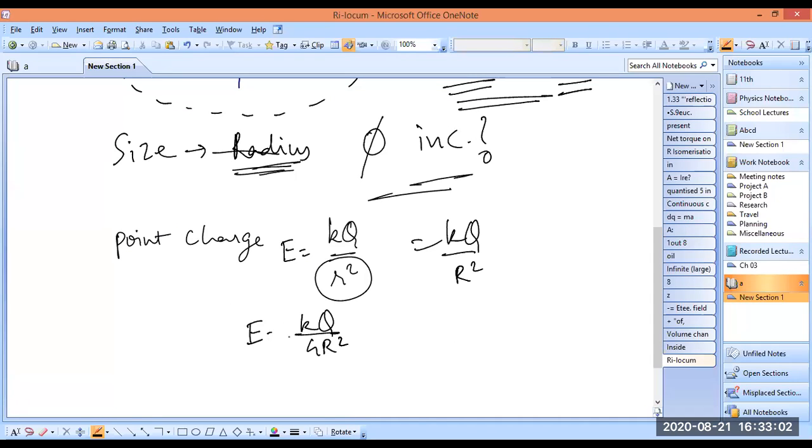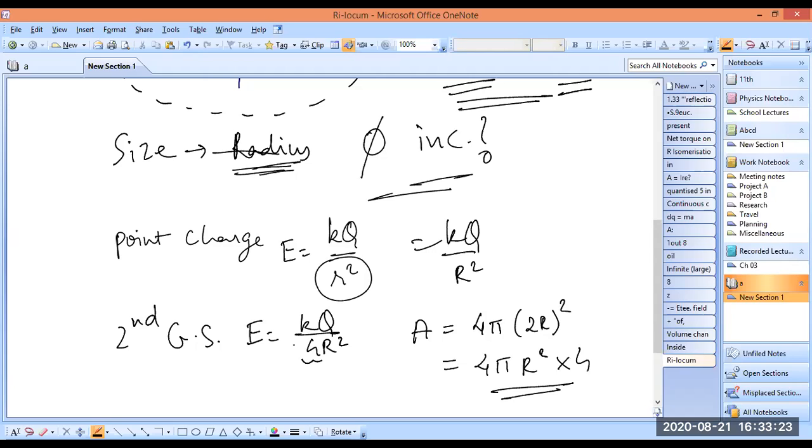So although electric field is 4 times less for the second Gaussian surface, but look at its surface area. It is 4 pi 2r whole square. So what has happened is ultimately the surface area is also 4 times.